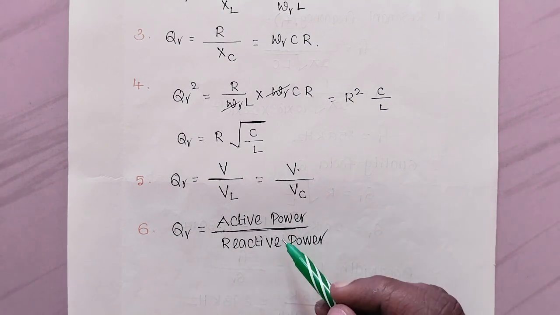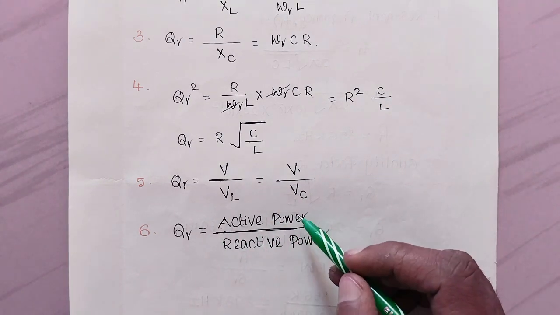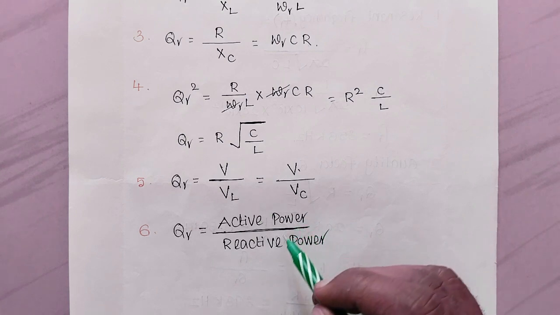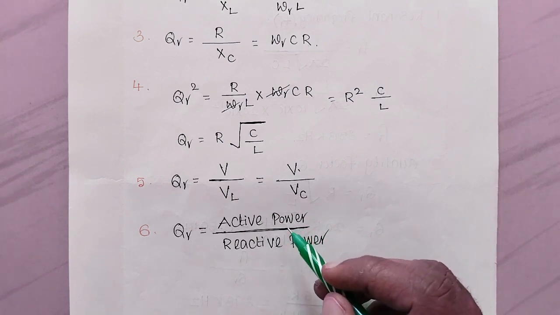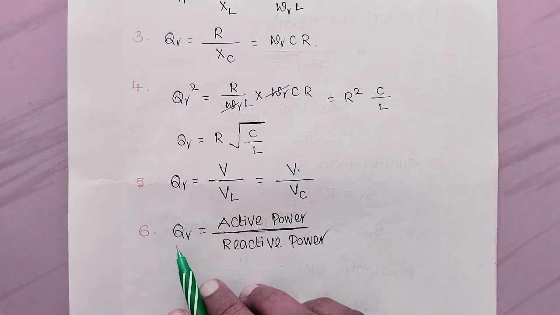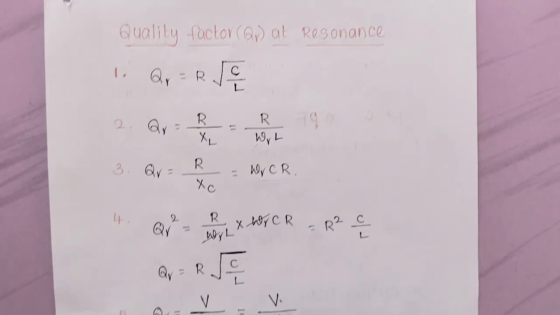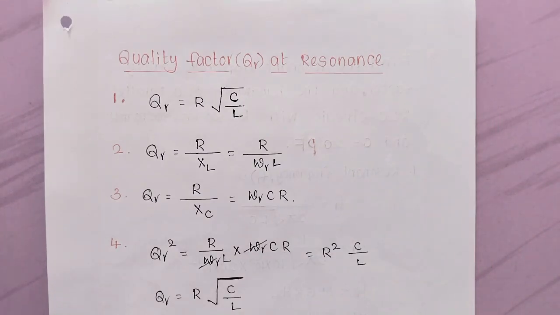Similarly, in terms of powers, quality factor QR is equal to active power by reactive power. Active power is the power taken by the resistor, and reactive power is the power taken by the inductor or otherwise the capacitor. So the ratio between active power and reactive power is also the quality factor. So these are the different expressions to find the quality factor QR at resonance in a parallel RLC circuit.